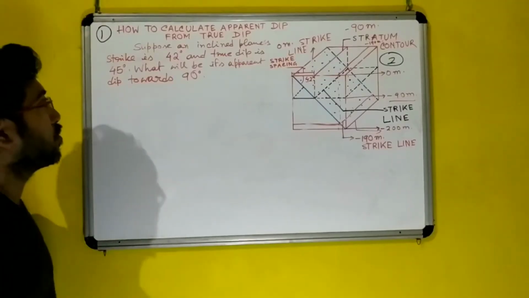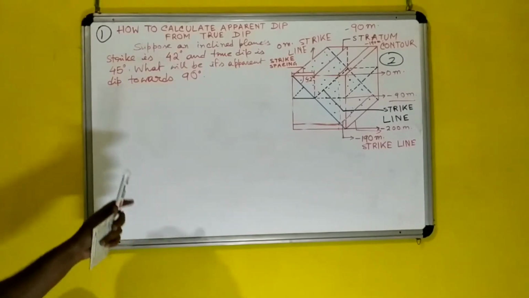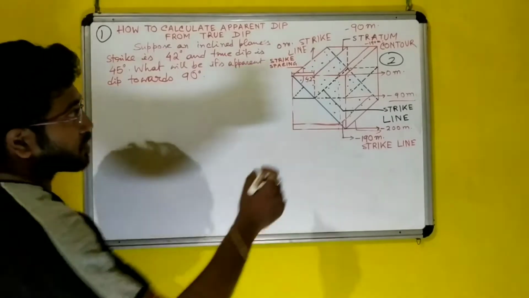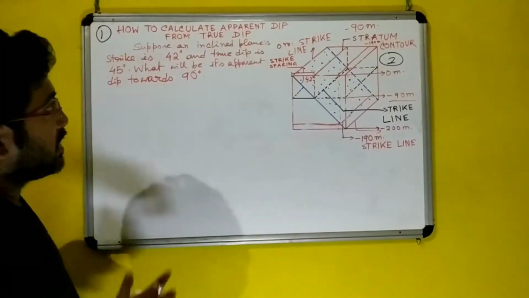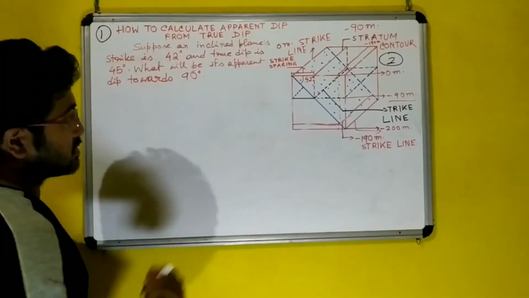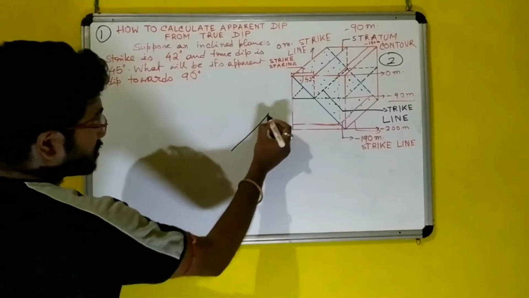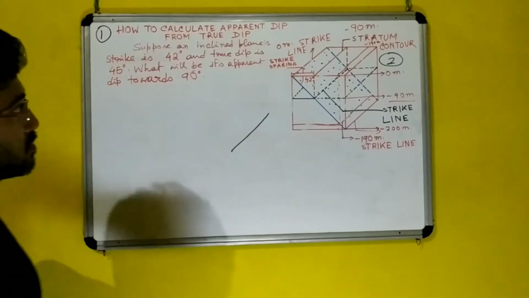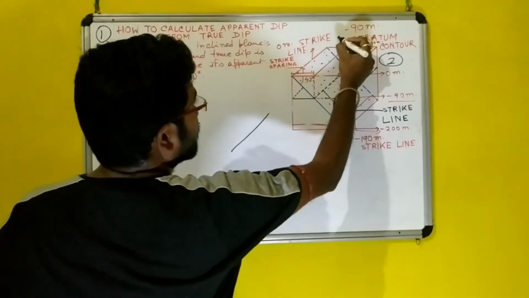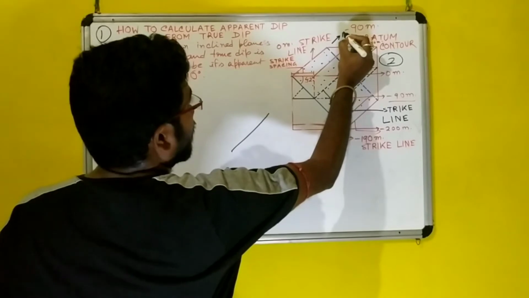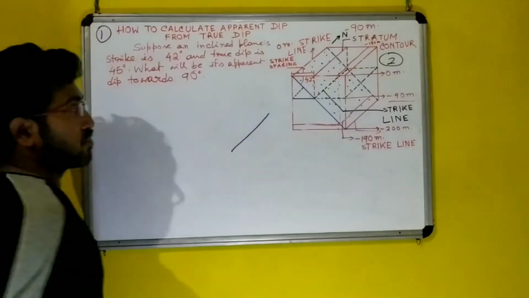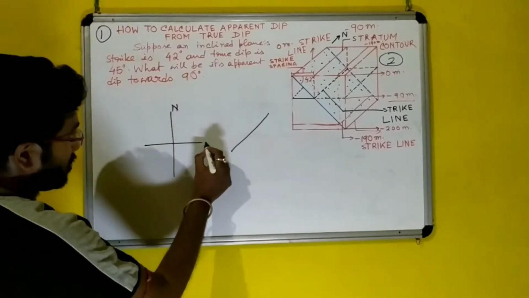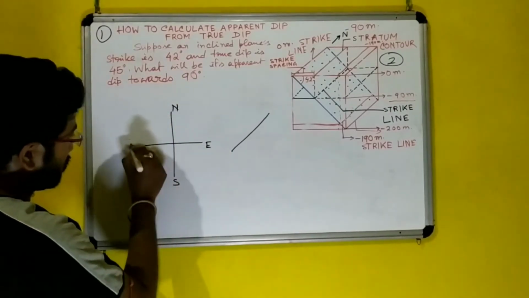For that, we need to bring the concept of strike line again. So, this is the strike line. Any line has two ends. Suppose this is one line, it has two ends. If I take this direction as north, north means the direction moves like this: north, east, south, west.